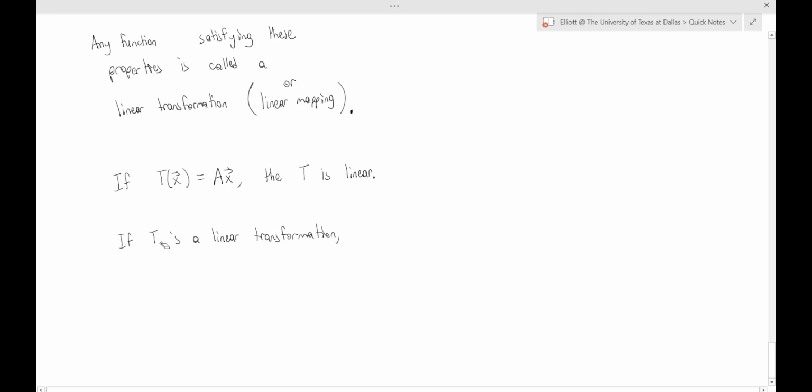So if T has signature Rn to Rm, okay, then there must be some matrix A such that T of x is equal to A times x, okay?